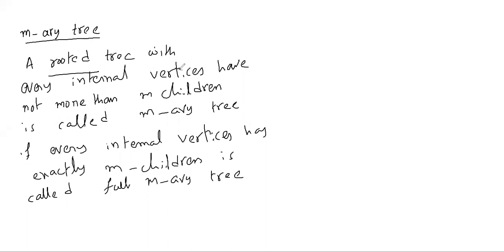So now, what is this? First, a rooted tree with every internal vertex having not more than m children is called an m-ary tree. We have already discussed the rooted tree, but one more time I'm explaining what a rooted tree means. For example, this is a tree: A, here B, next C, here next D, E, okay.